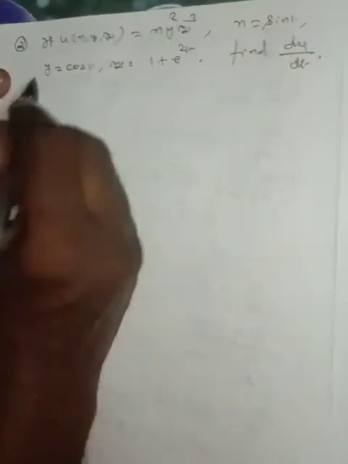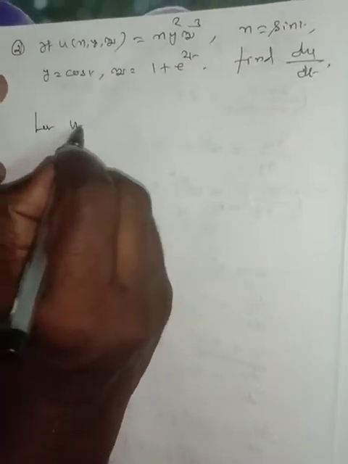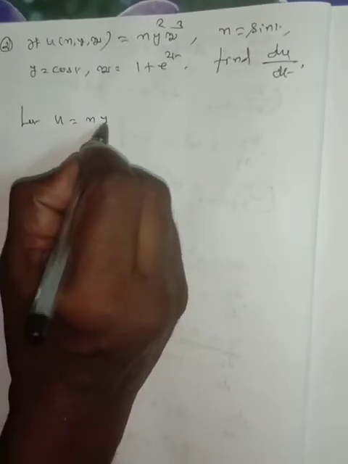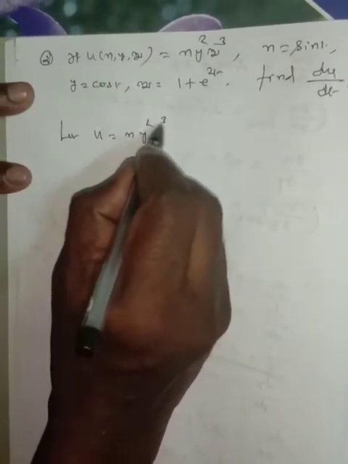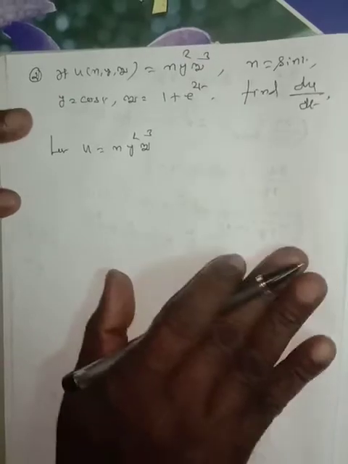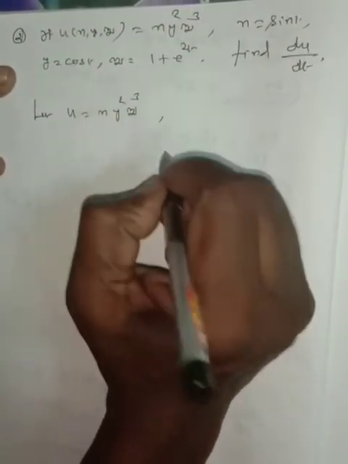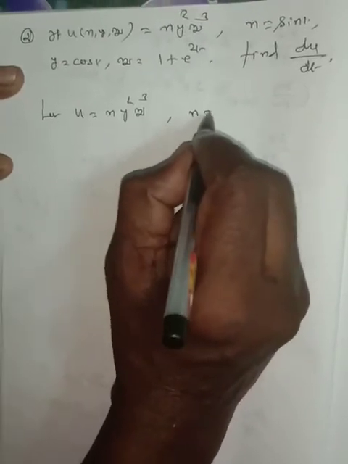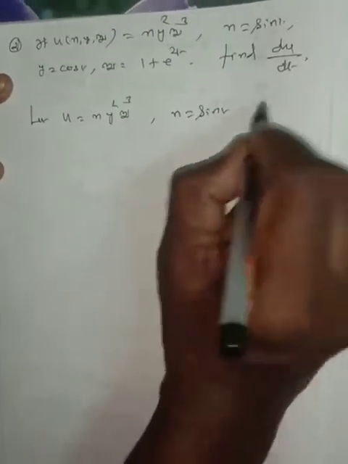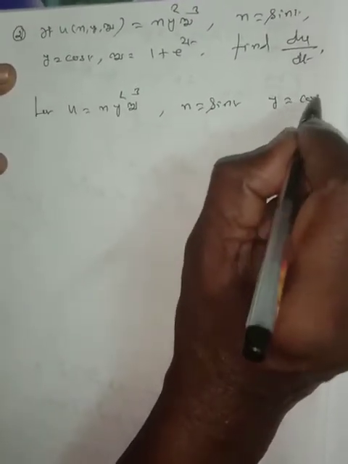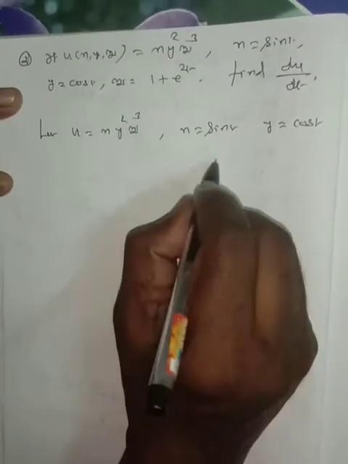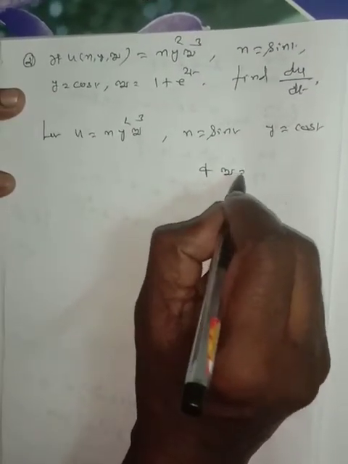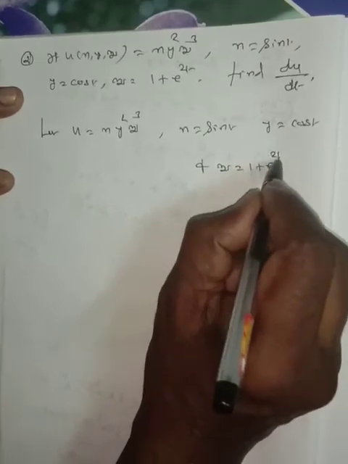Let u is equal to x y squared z cubed, where x is sin t, y is cos t, and z is 1 plus e to the power of 2t.